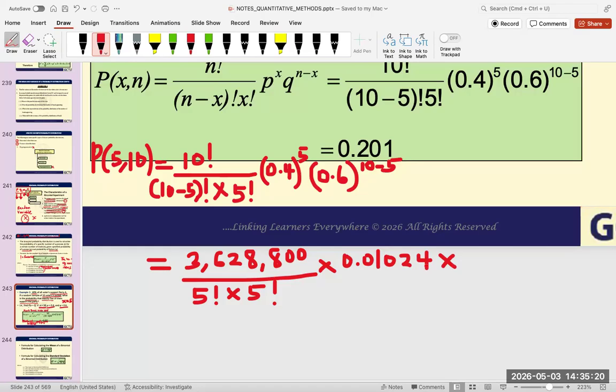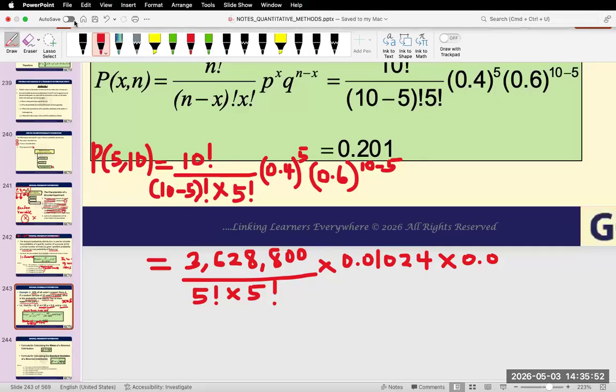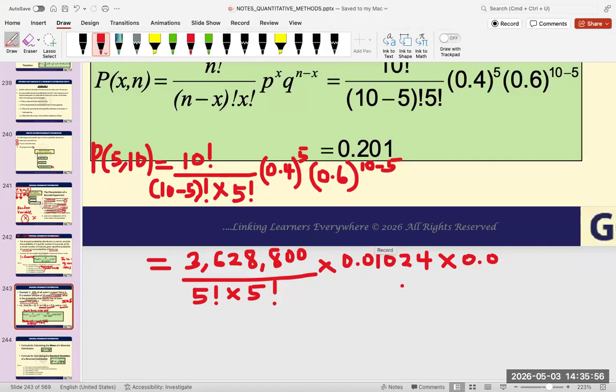I'm sure you also get 0.07776. I want somebody to confirm my figures before we continue. Did you get that? Yes, sir. Very good.